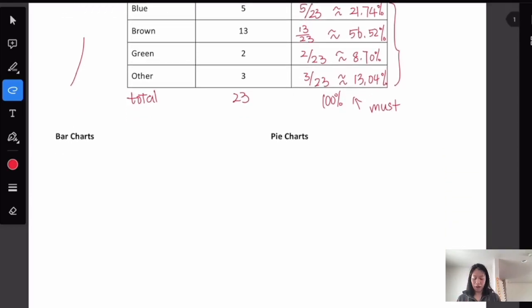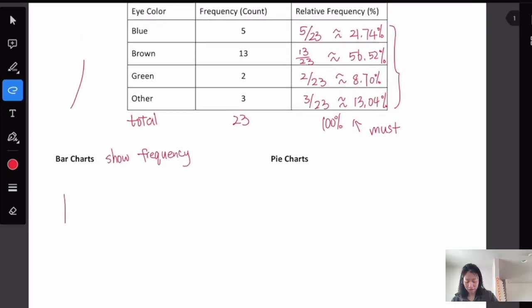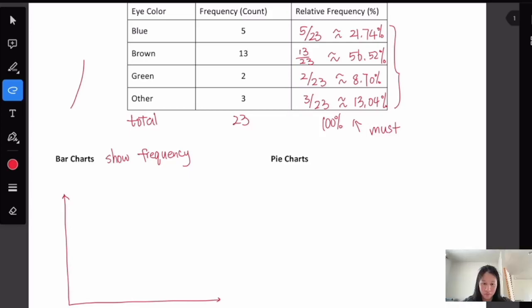Okay, now bar charts. A bar chart is a little bit similar to a histogram. We use the bar chart to show frequency. First of all, we need to draw an x-axis and y-axis. The x-axis is often where the different categories are represented.